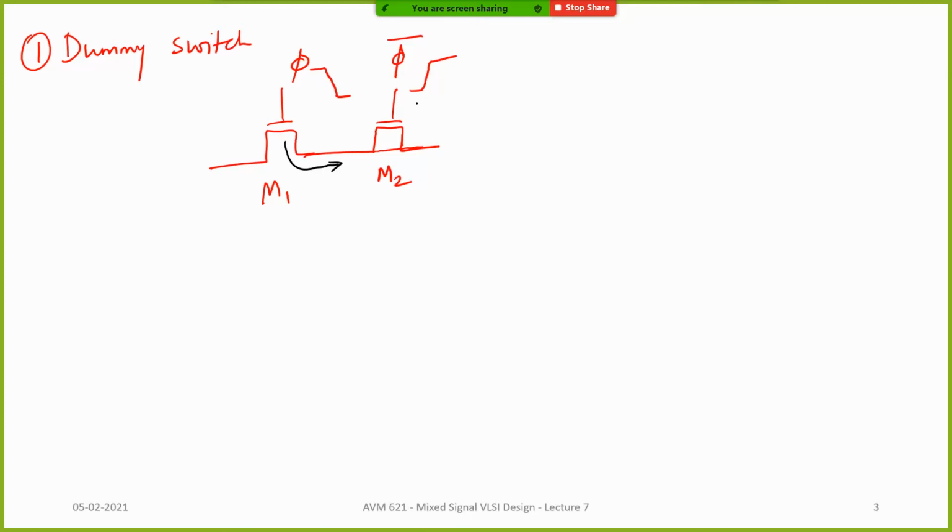As this channel is getting turned off and the inversion layer is disappearing for transistor M1, the inversion layer is simultaneously getting formed for transistor M2, and so the transistor M2 is expected to absorb the charges injected out of M1.